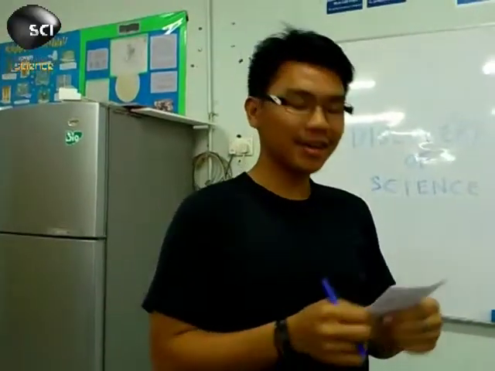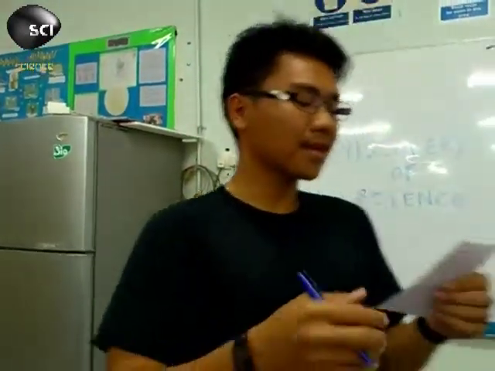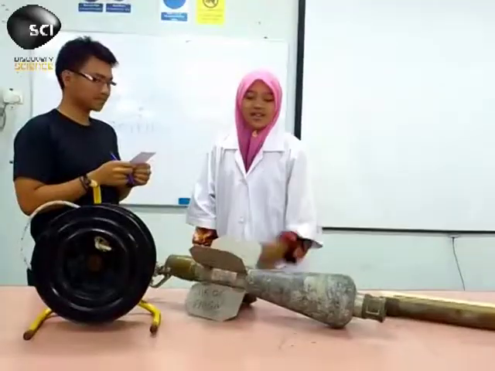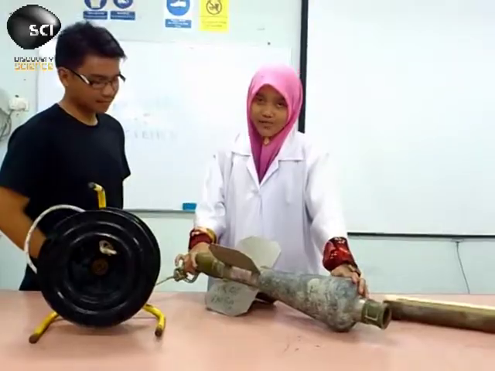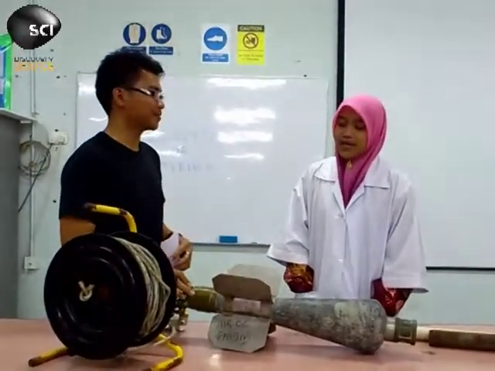So now we are going to discover the structure of this instrument. Dr. Didi, what is the name of this instrument? Okay, the name of this equipment is the pressure core. Explain more about its structure.